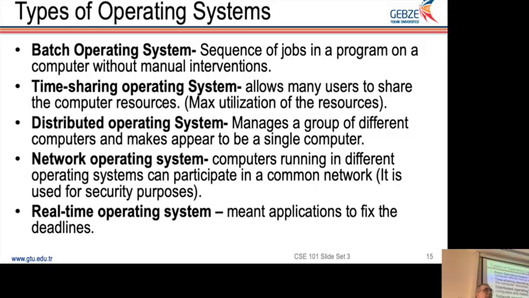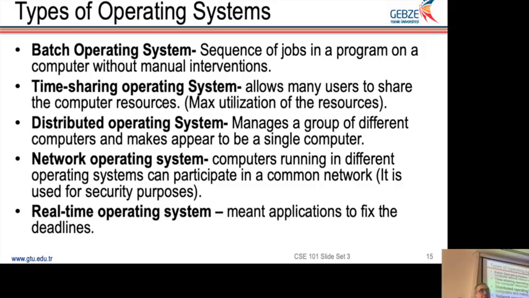What is the illegal peer-to-peer program of these years? Torrent. So torrent is, for example, a distributed operating system application. Sometimes it is called a network operating system if different local operating systems are placed together to form a harmonious group.